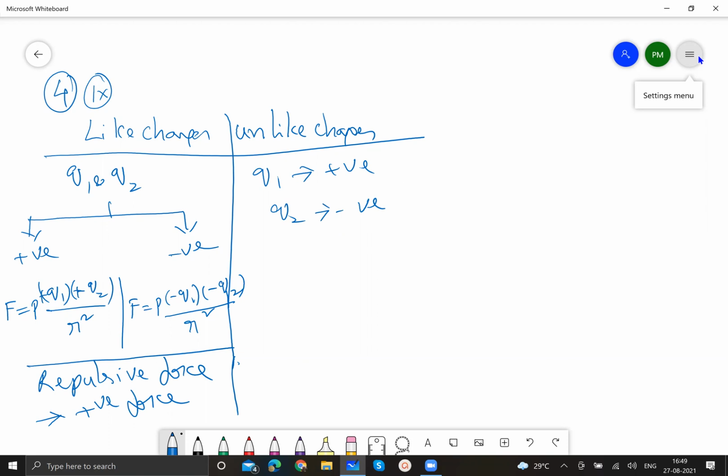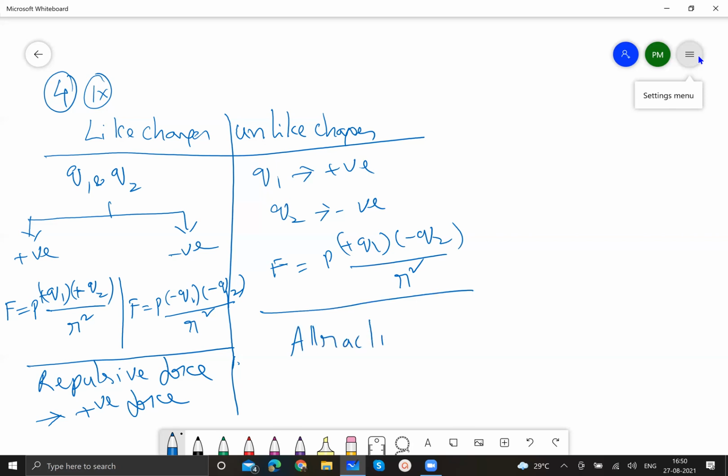Next, coming to this, F is equal to K into plus Q1 minus Q2 by R square. So between unlike charges, there will be attractive force, and attractive force is regarded as negative force.